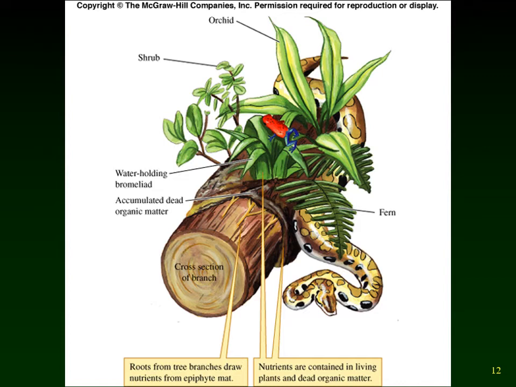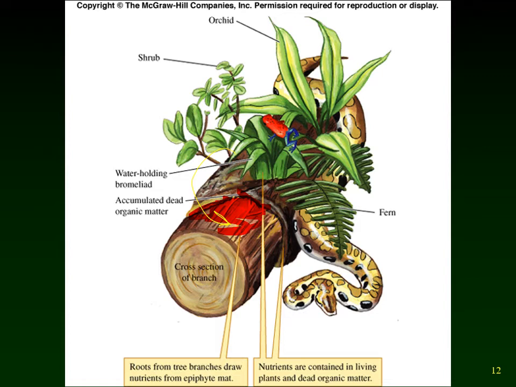So what happens is as leaves die, little insects die, a soil starts to form on the surface of the branch, and that will help store and trap organisms such as bacteria and fungi that are going to recycle the nutrients that have come off of these and put those nutrients back into the plants.